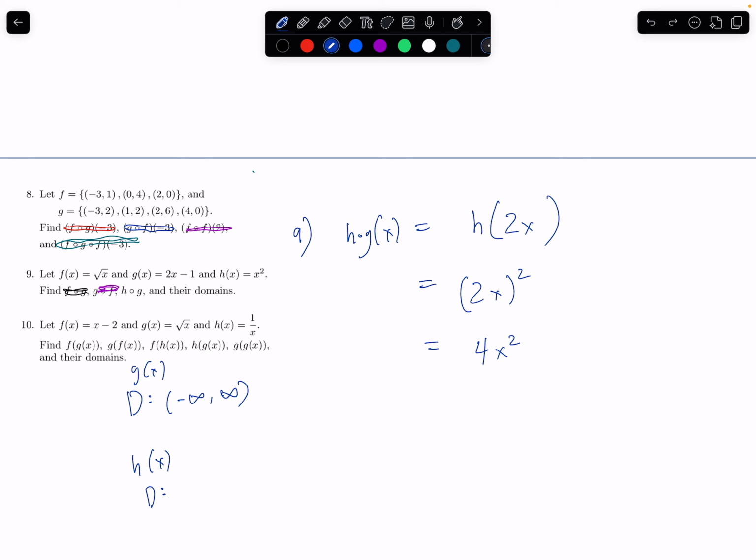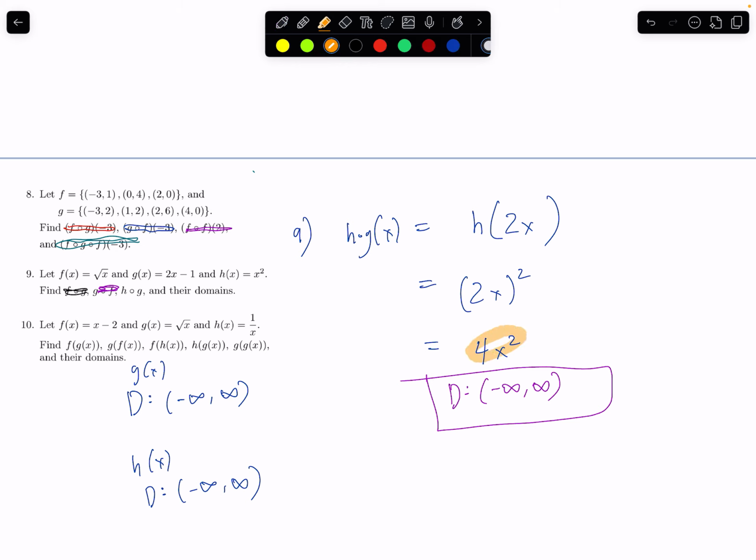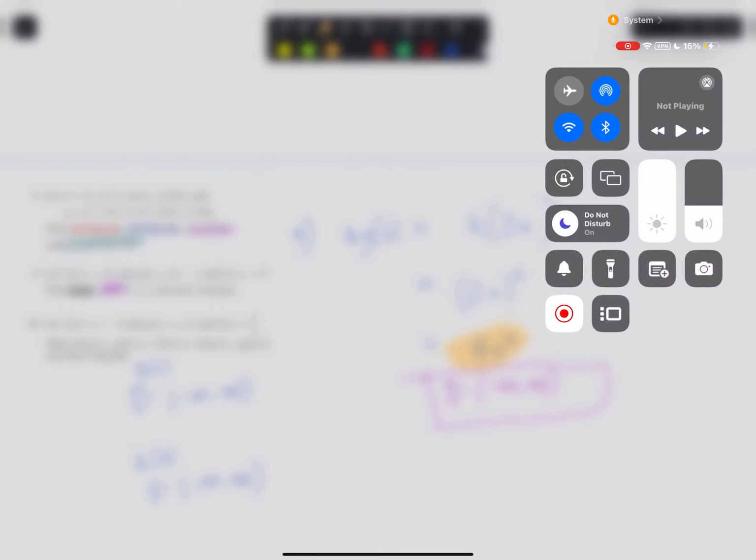Well, it's just x squared, a function that will take anything, negative infinity to positive infinity. So where do those things overlap then? The domain overall is negative infinity to positive infinity. So everything is allowable, and the function h of g of x is just 4x squared. So that's it. Okay, let's cut this video off because it's starting to get long.